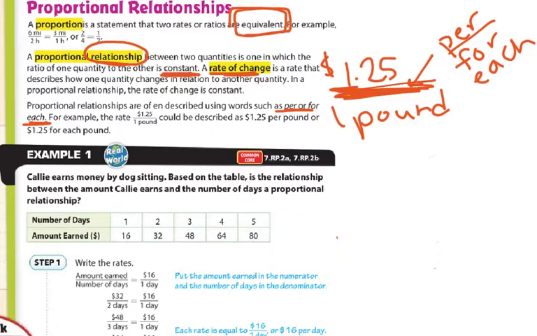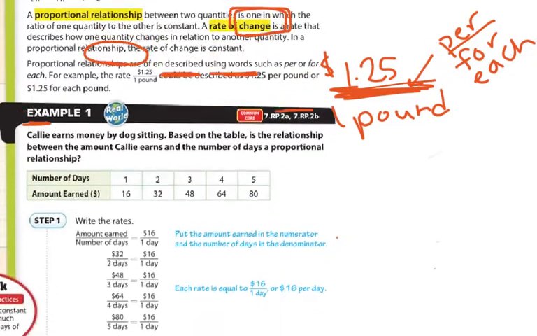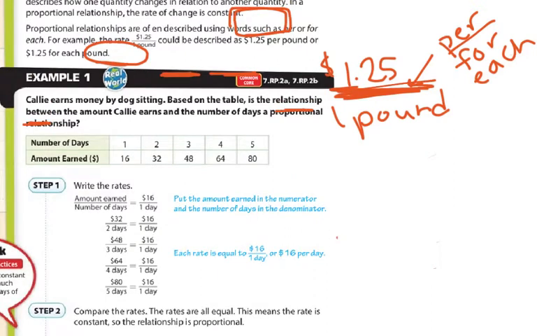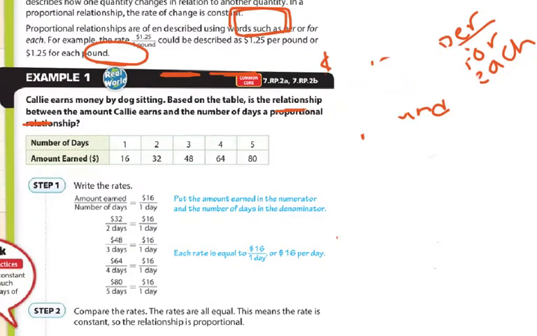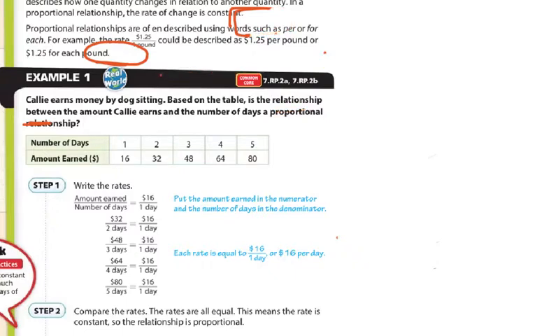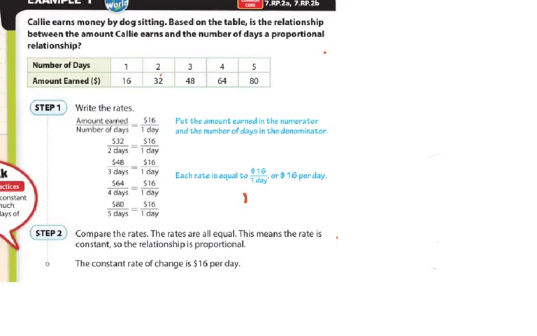Okay, so let's talk as an example down here. Let me erase what I've got going. All right, so it says Callie earns money by dog sitting. Based on the table, is the relationship proportional between the amount Callie earns and the number of days, a proportional relationship? Okay, so let's see. If she dog sits for 1 day, then she earns $16.